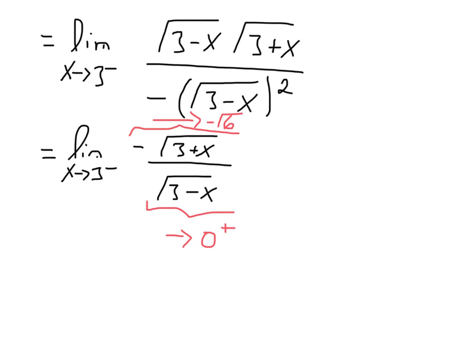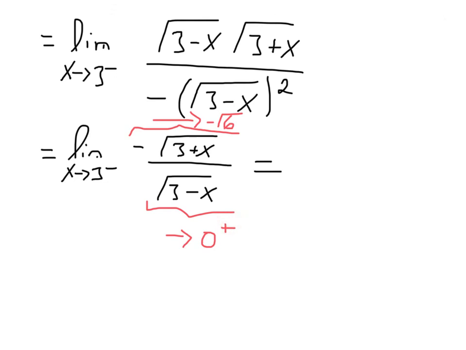Now we have everything that we need to complete this problem. What can we say? Well, for all x's we're considering, the numerator is a number which is close to negative root 6. In particular, it's negative. And for all x's that we're considering, our denominator is a very small positive number. In particular, we have a negative number divided by a positive number.